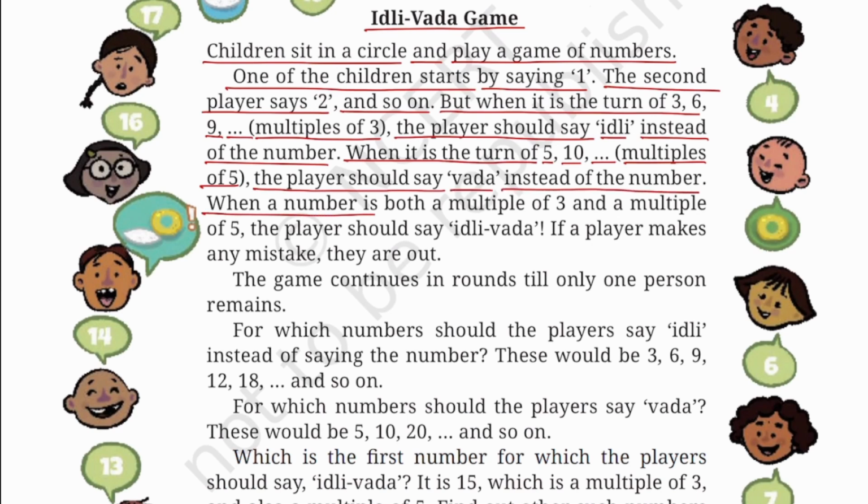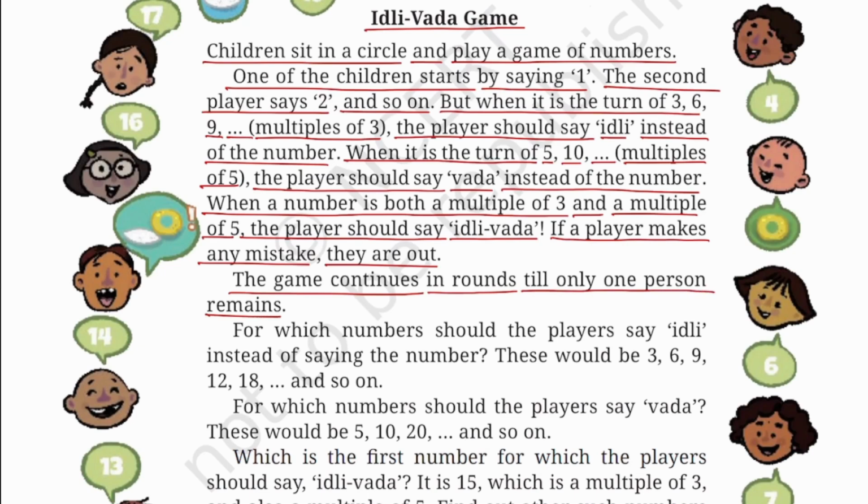When a number is both a multiple of 3 and a multiple of 5, the player should say idli vada. If a player makes any mistake, they are out. The game continues in rounds till only one person remains.